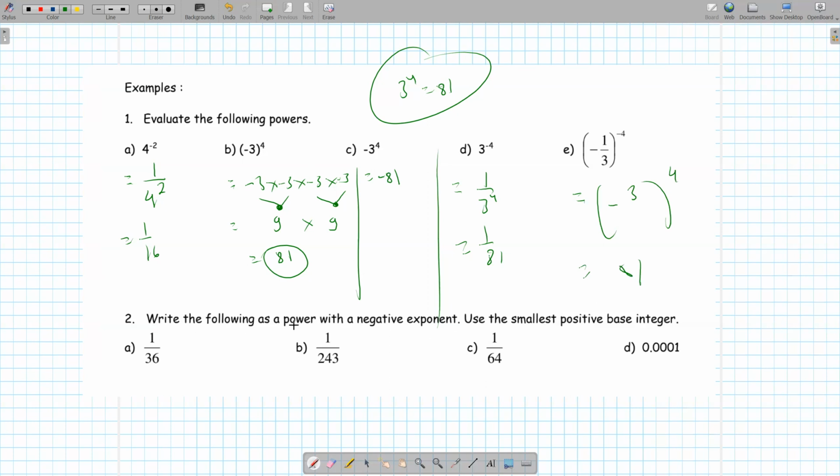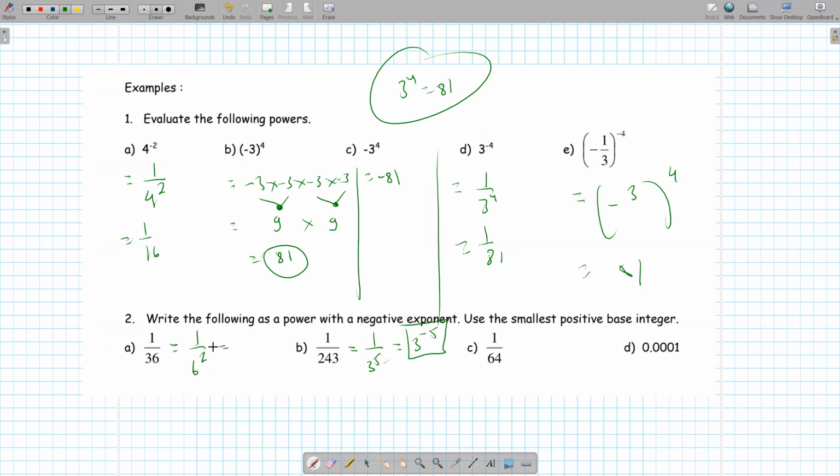This one says write the following as a power with a negative exponent. Here, I'll do this one. This is 3 power 5, I think. Okay. And then we bring it up, it becomes 3 power -5, like that. How do we do A? 1/6 squared.